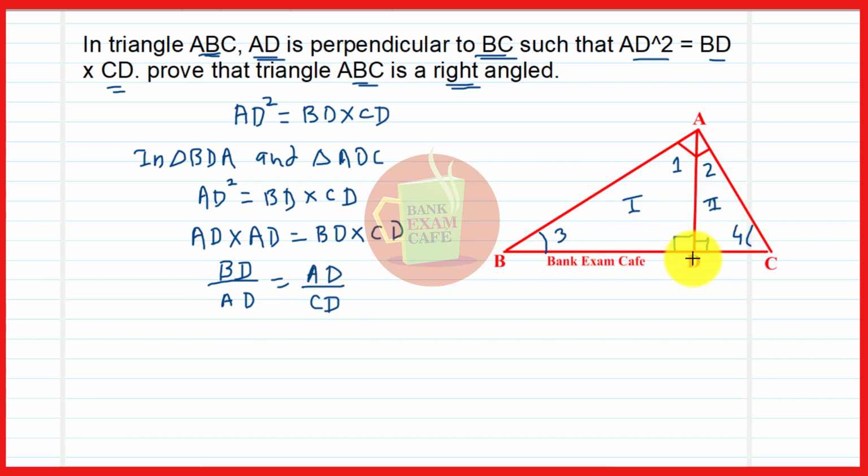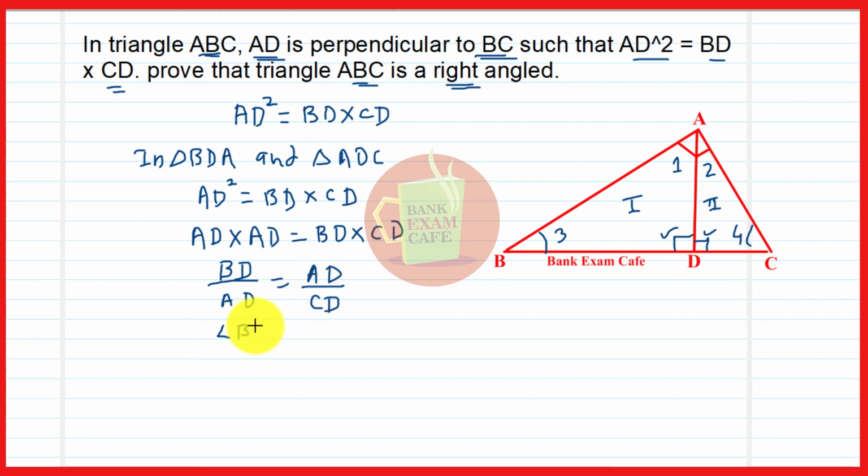So in these two triangles, BD upon AD is equal to AD upon DC, and also these two angles are each 90 degrees, so these two angles are also equal.